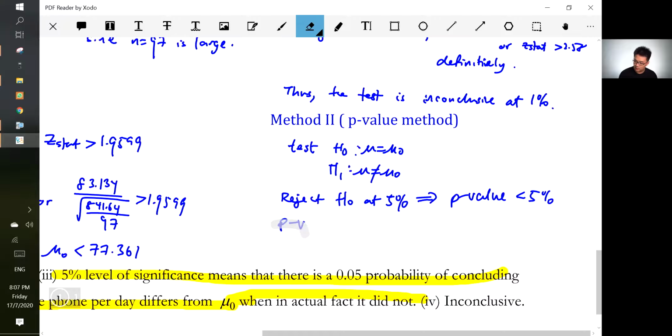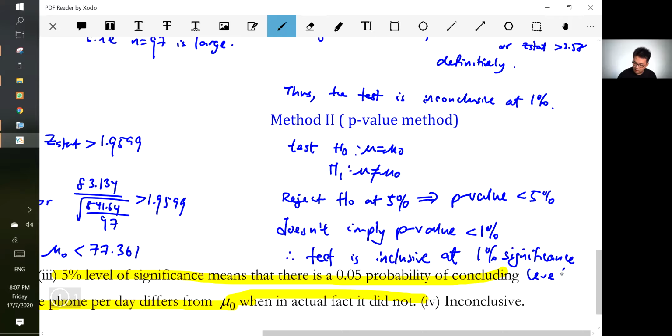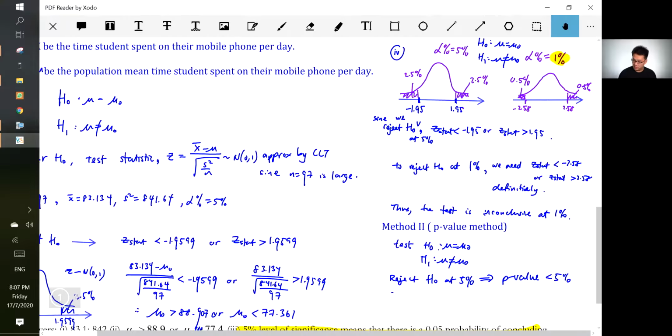This doesn't imply the p-value is less than 1%. Hence, the test is inconclusive at 1% significance level. The p-value method is actually much easier to write.